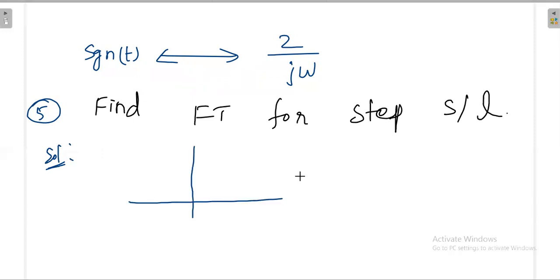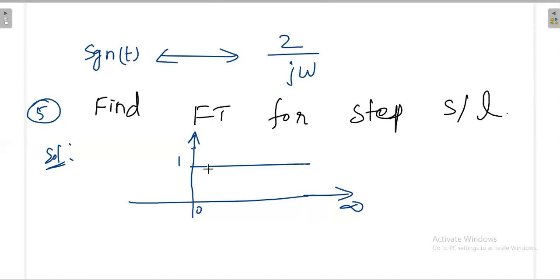The step signal is not absolutely integrable because it goes up to infinity. So you cannot write the Fourier transform directly. We have to apply some modification so that we can write the Fourier transform. So how do we represent this signal with the help of a known signal?